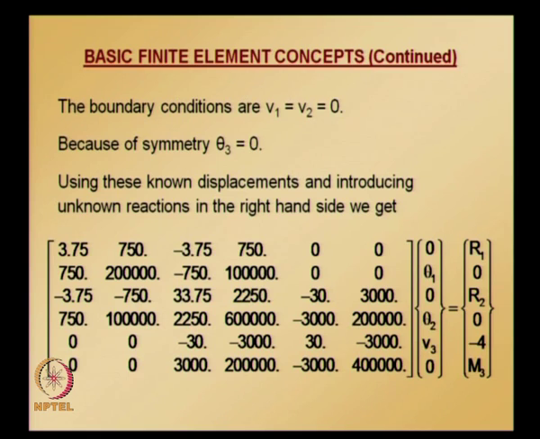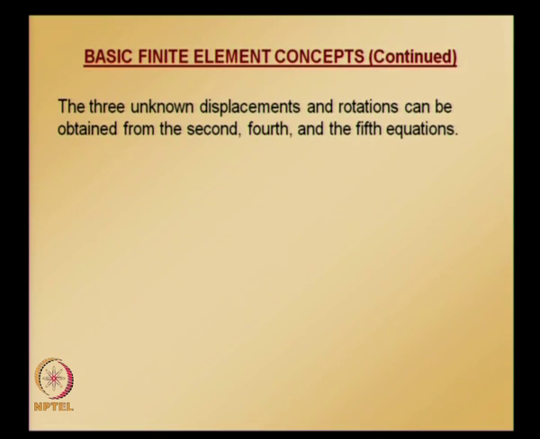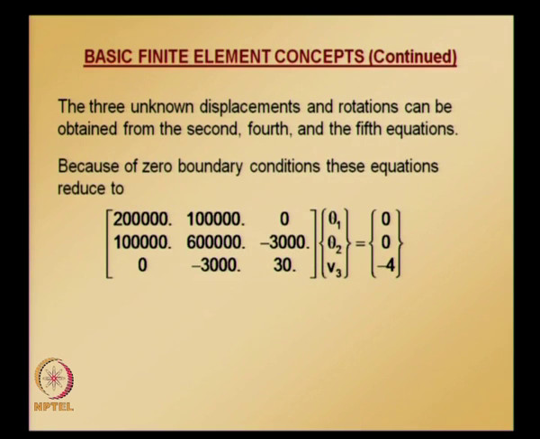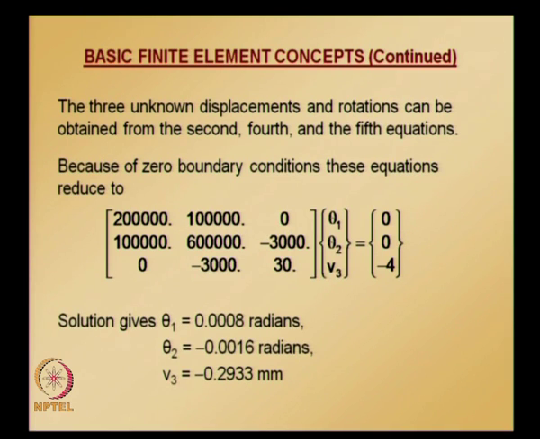So we can eliminate rows and columns 1, 3 and 6 and get the reduced equation system. Solving this reduced equation system, we get theta 1, theta 2 and the transverse displacement at node 3. The solution of this equation system gives us these values. Please note that rotations are in radians.